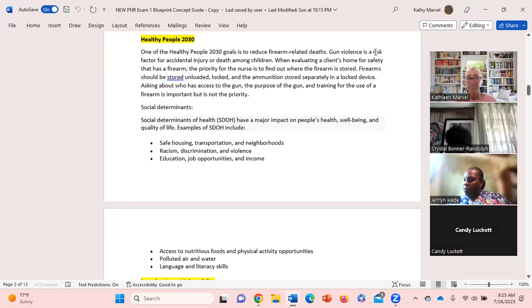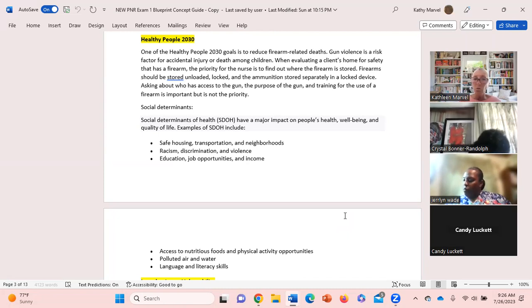Social determinants are a big focus with Healthy People 2030. We know that social determinants of health have a huge impact on people's health. Where you were born, where you live, what your housing looks like, education, food security.